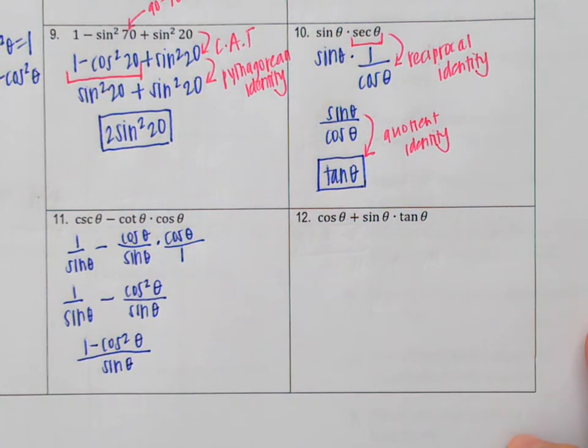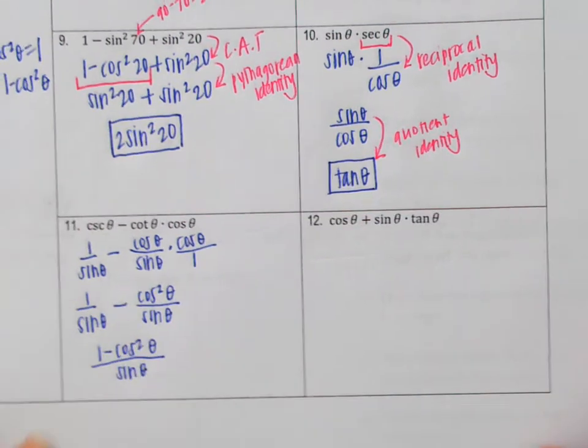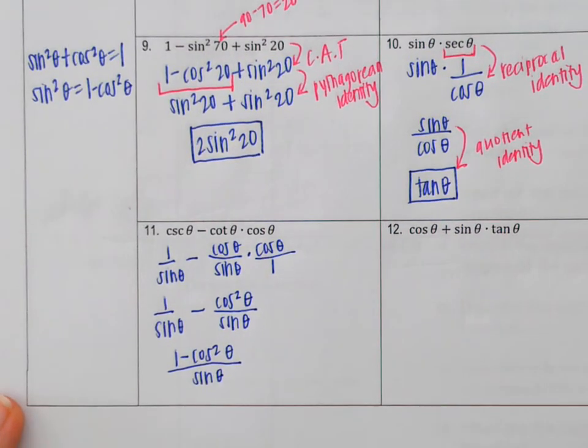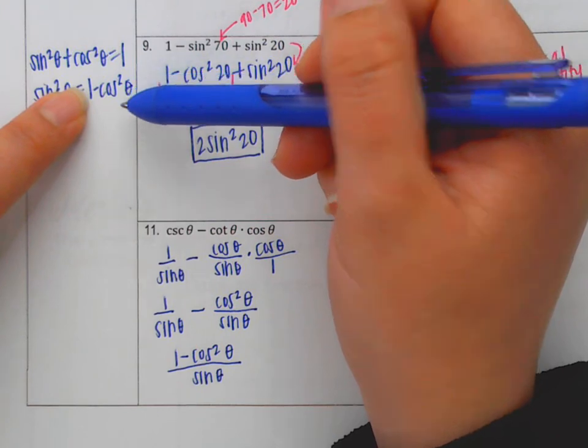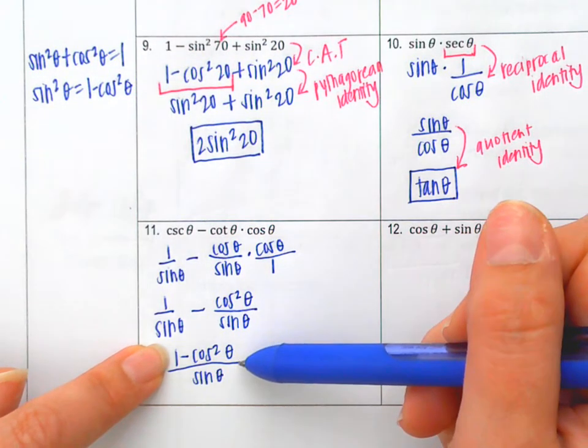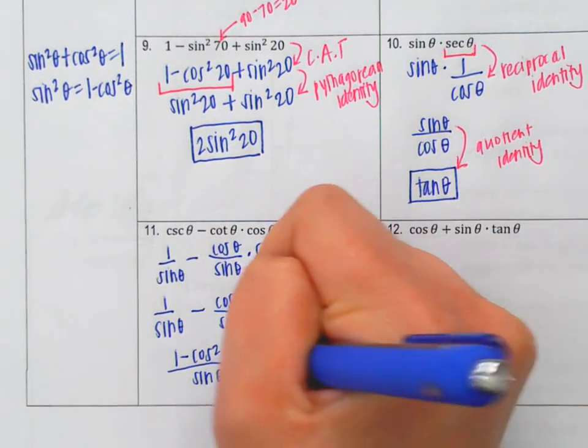Okay, now I have a squared in there. So I'm going to use that Pythagorean identity and manipulate it. Well, 1 minus cosine squared theta is going to be equal to sine squared theta.